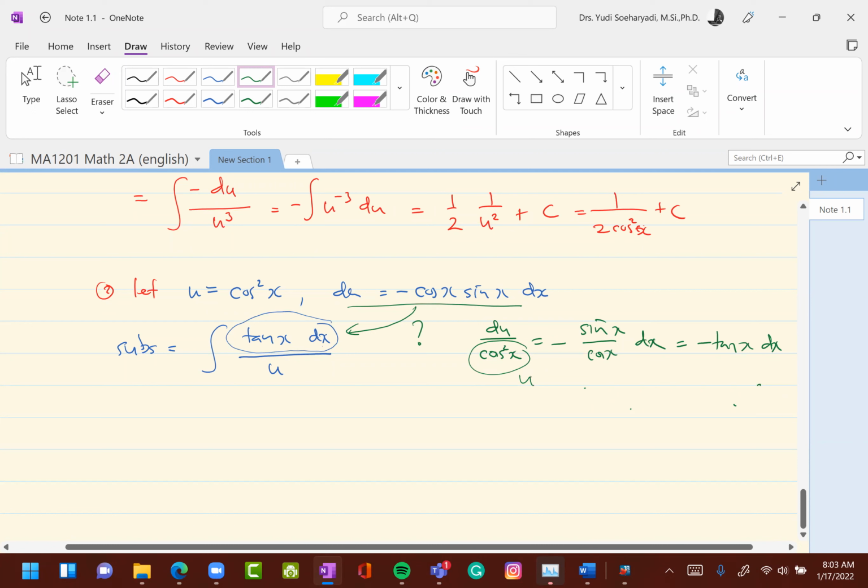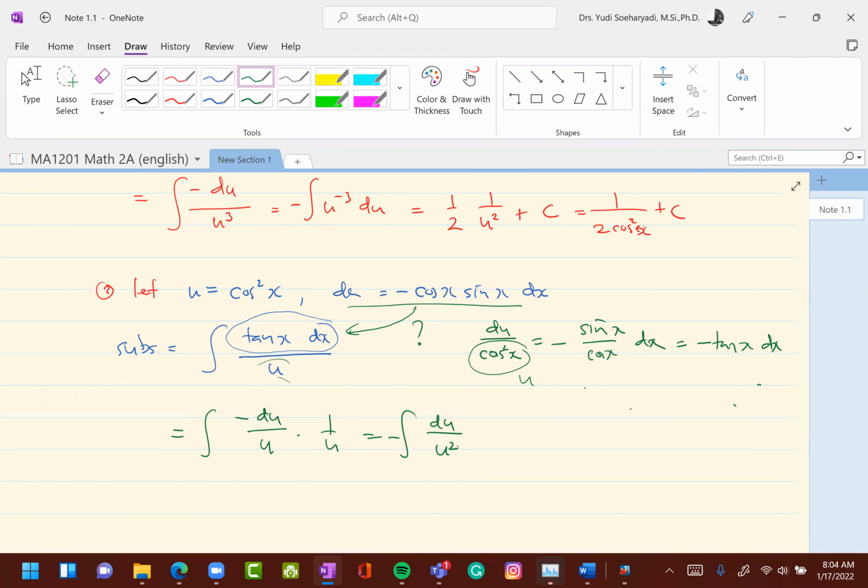So negative tan x dx is actually du over u. So far we're okay.